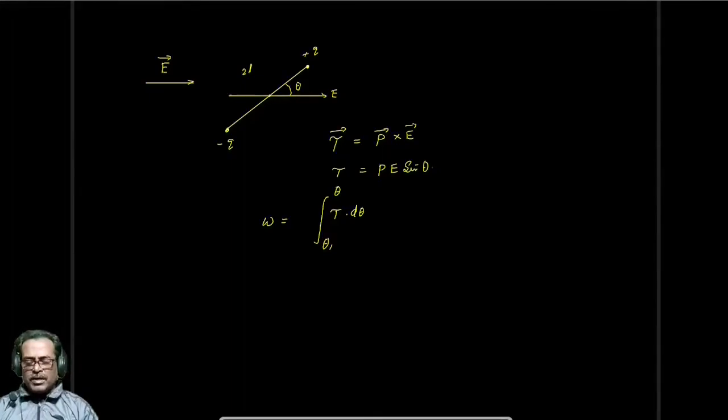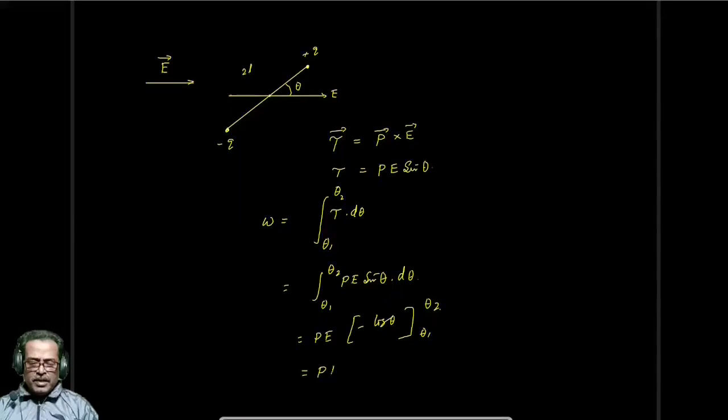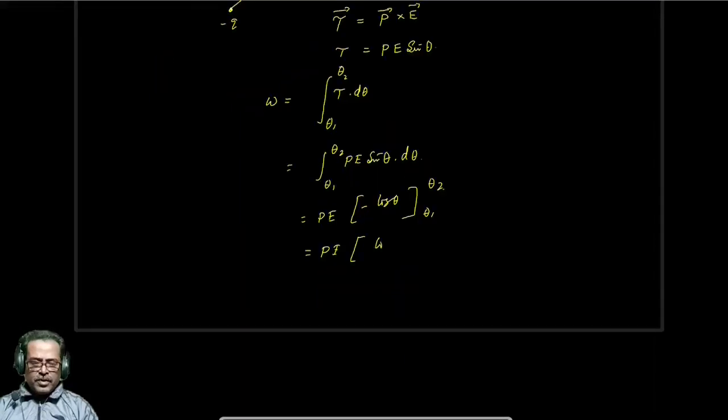That is the work done due to the torque, equal to the integral of pE sin theta d theta, that is minus pE cos theta from theta 1 to theta 2, equal to pE (cos theta 2 minus cos theta 1).